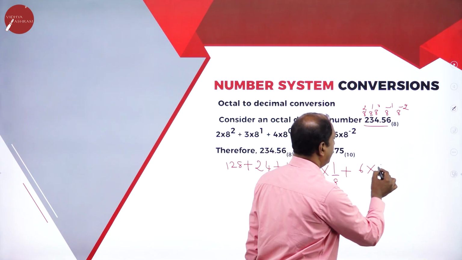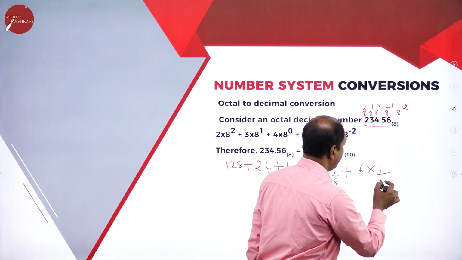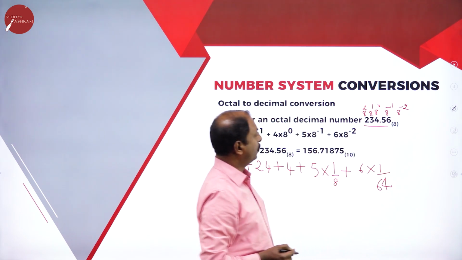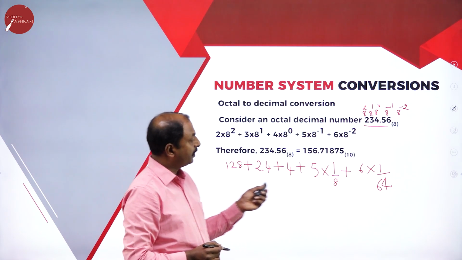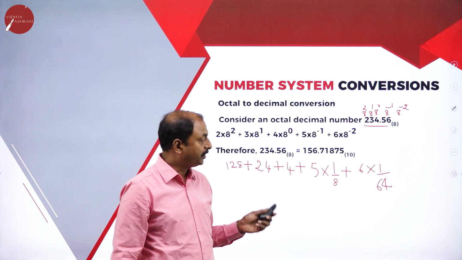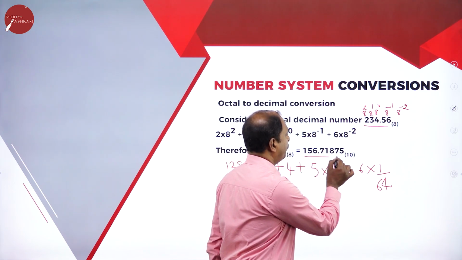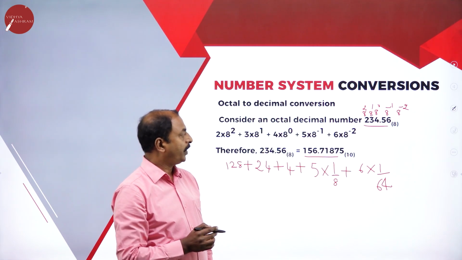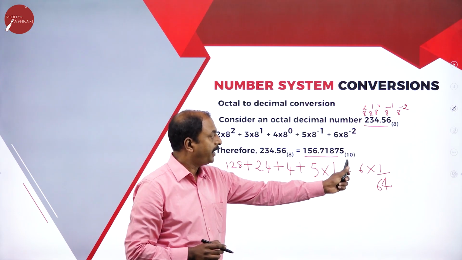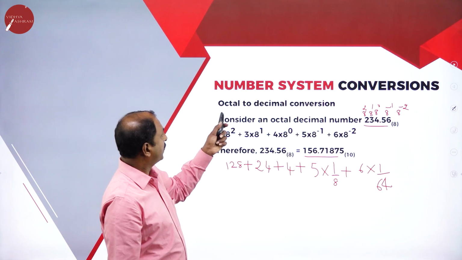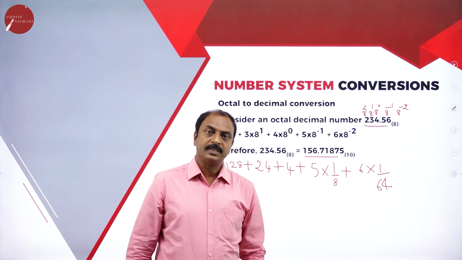It is 8 into 1 by 64. When you simplify all these values and add them, you will get the answer as 156.71875 to the base 10. So this is how we convert from octal to decimal number system.